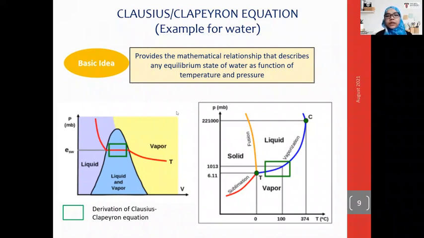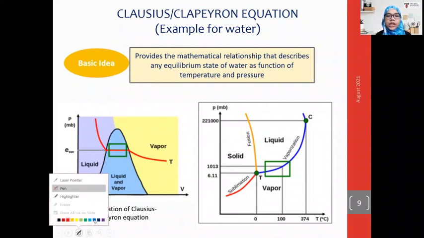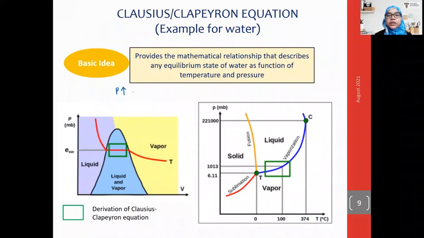From the previous data given, as we increase pressure, the temperature will increase. So we have that pressure and temperature relation, which increases exponentially. From the pressure versus specific volume diagram, the two-phase system can be observed under the dome, where we have liquid and vapor.